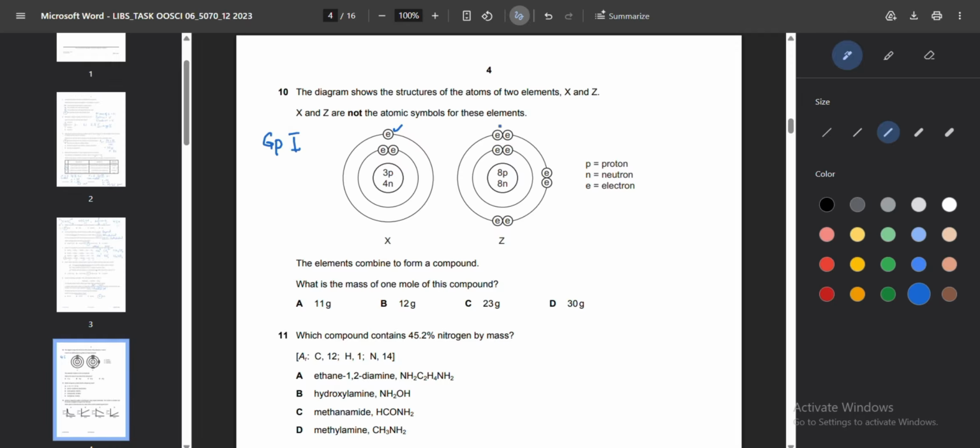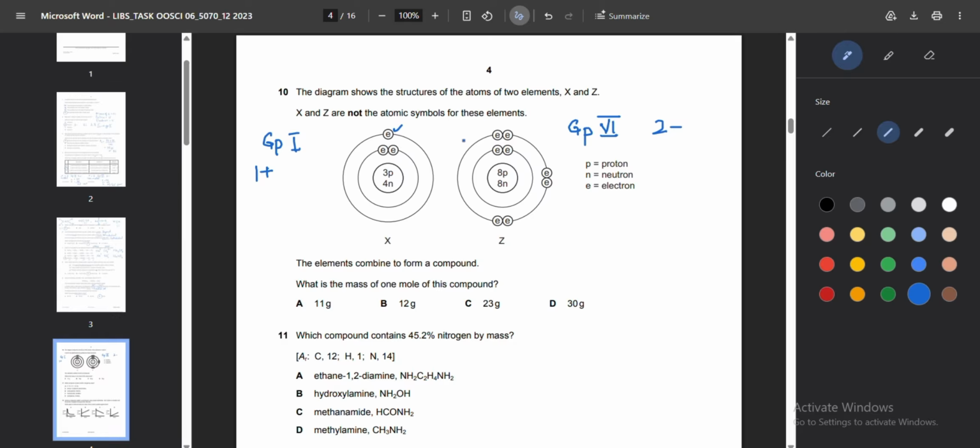Whereas Z has 1, 2, 3, 4, 5, 6 valence electrons, so its group number is 6. If you already know the oxidation states, the oxidation number of the elements in group 1 is always positive 1, and the oxidation state of the elements in group 6 is always negative 2.